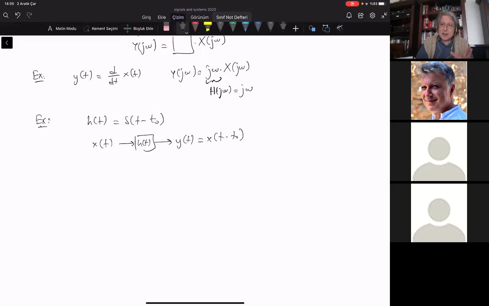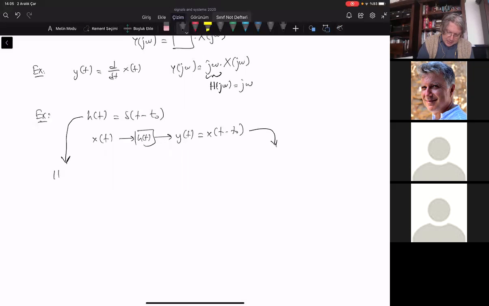Now we can consider this from the left-hand side. I can see that h of j omega is equal to the Fourier transform of h of t. Let me first write it like this: in the Fourier transform formula, the integral of delta t minus t0 times e to the minus j omega t dt.